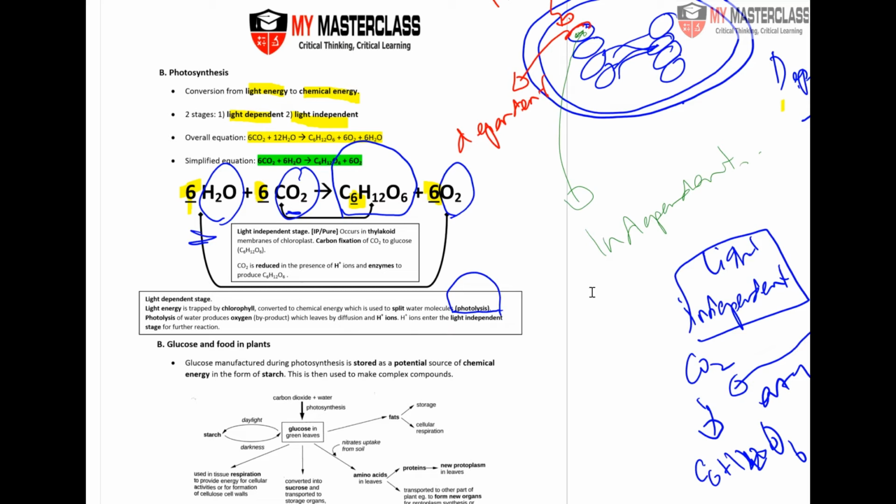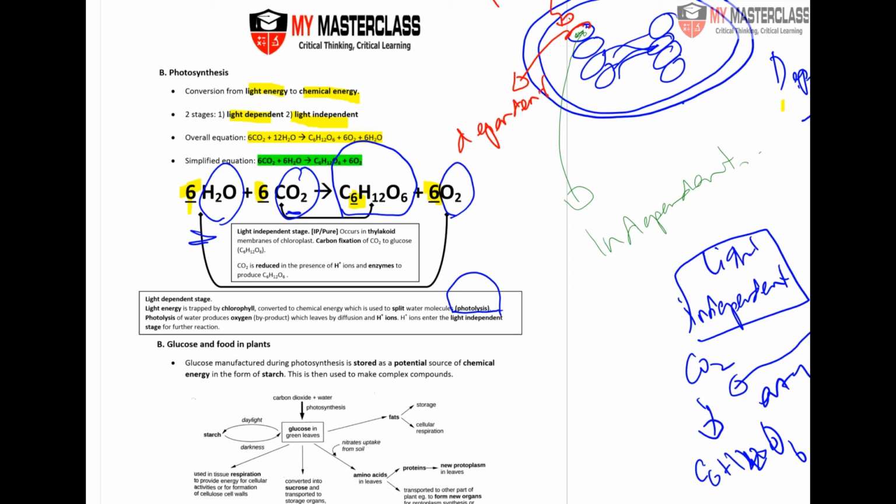That's why, even though light independent occurs inside, there is a common mistake where students tend to think that they can have the light independent reaction at night. So why can't photosynthesis take place at night? It is due to the need of my H plus ion.